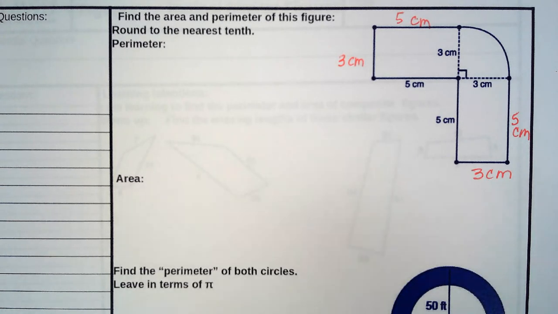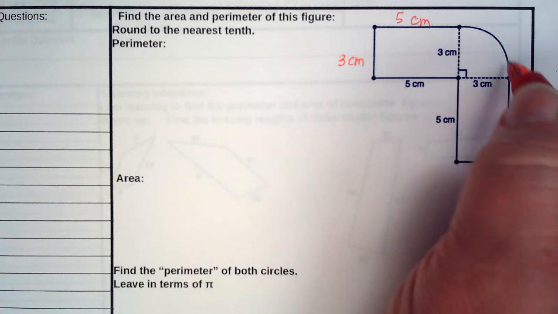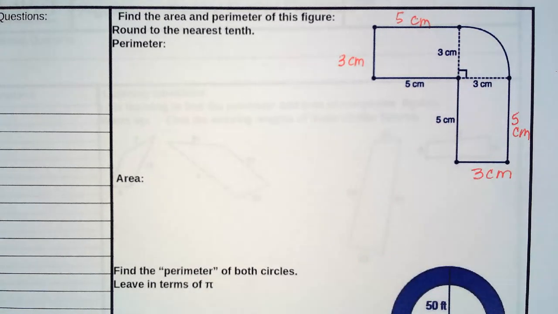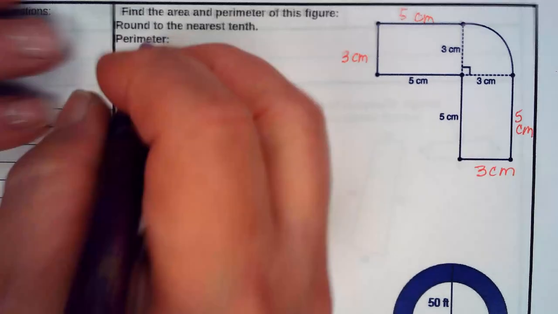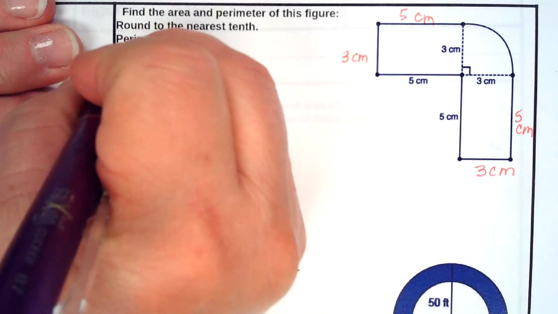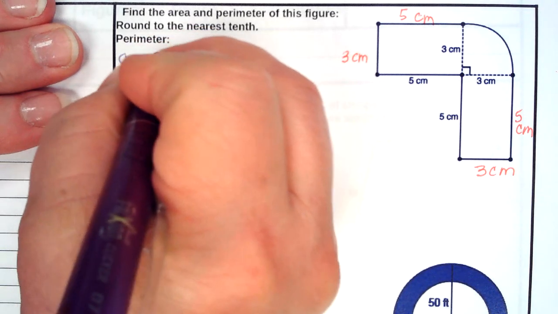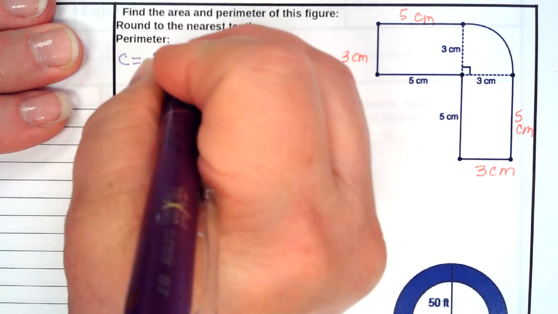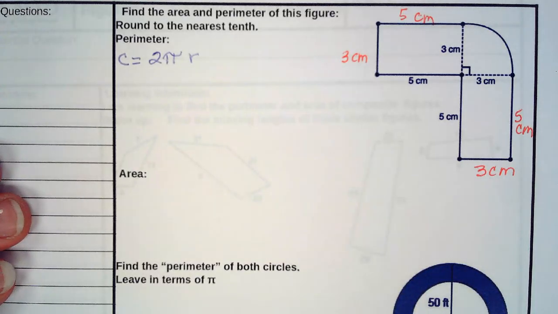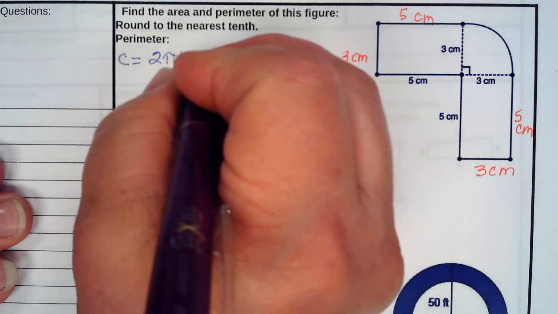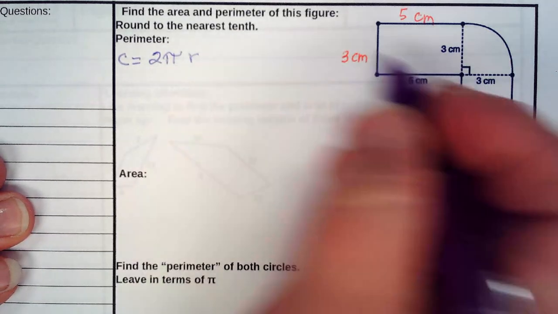So, what is the circumference of that circle? The circumference is equal to 2 pi r. We know the r is 3.